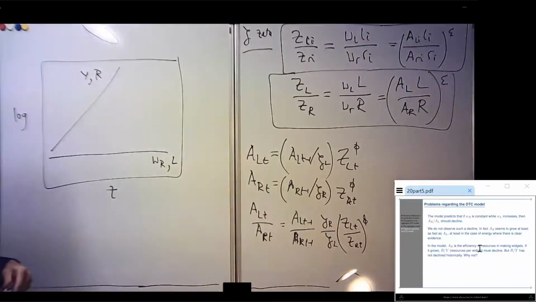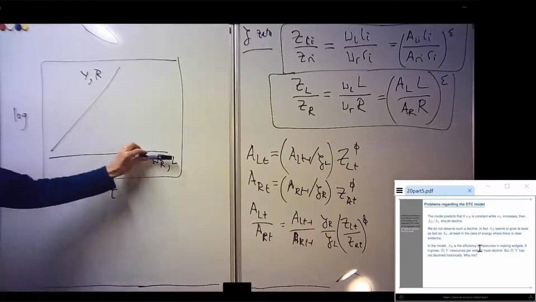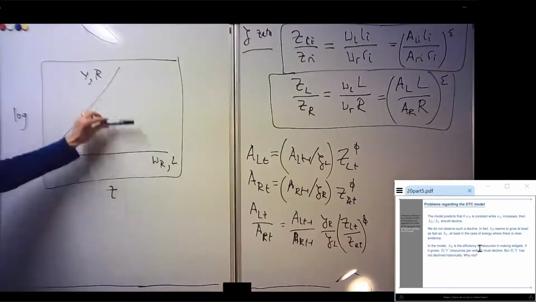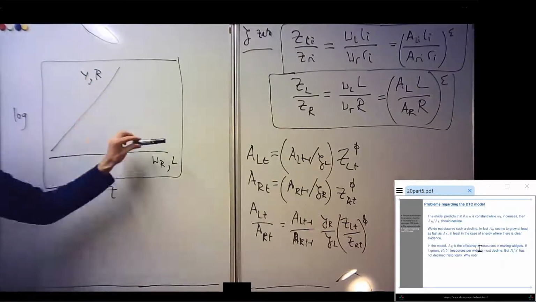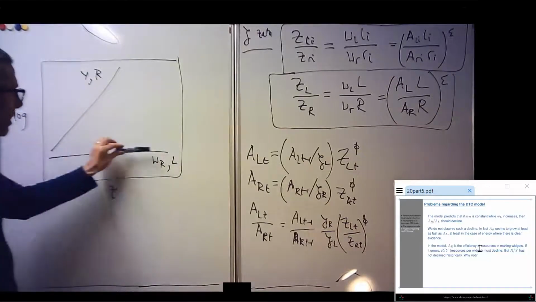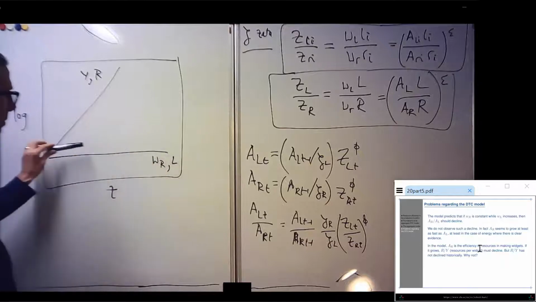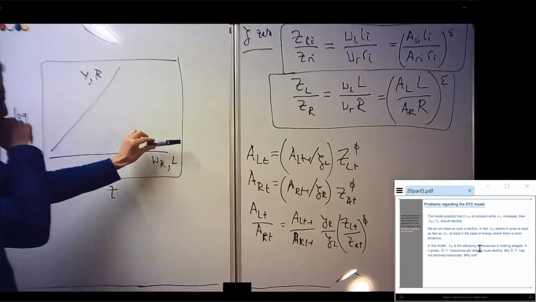Okay, so here's my redone diagram. Log scale here, time here. And remember, the levels of these curves don't mean anything. They're normalized. It's the slopes that are important. WR is constant, the price of the resource input. Of course, in reality, we know it goes up and down, but this is the overall trend.